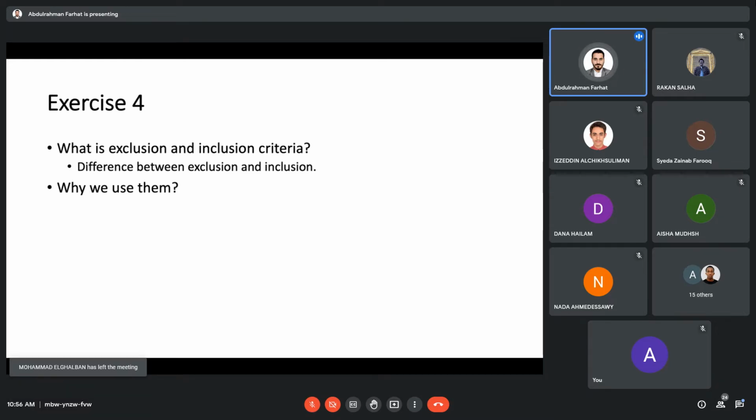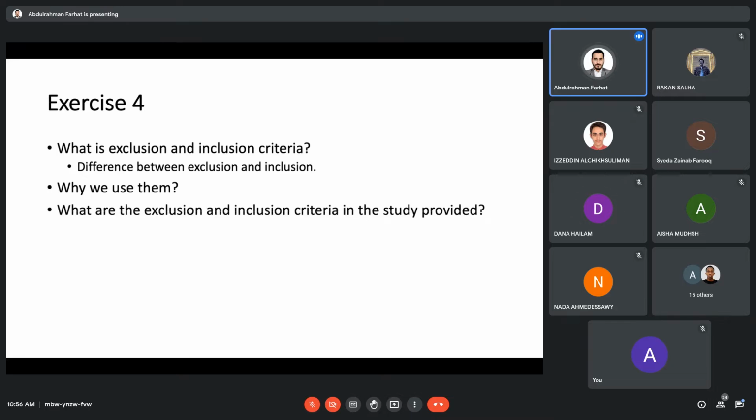What I want to focus on is just the thing that I'm studying. That's why we use exclusion and inclusion criteria.